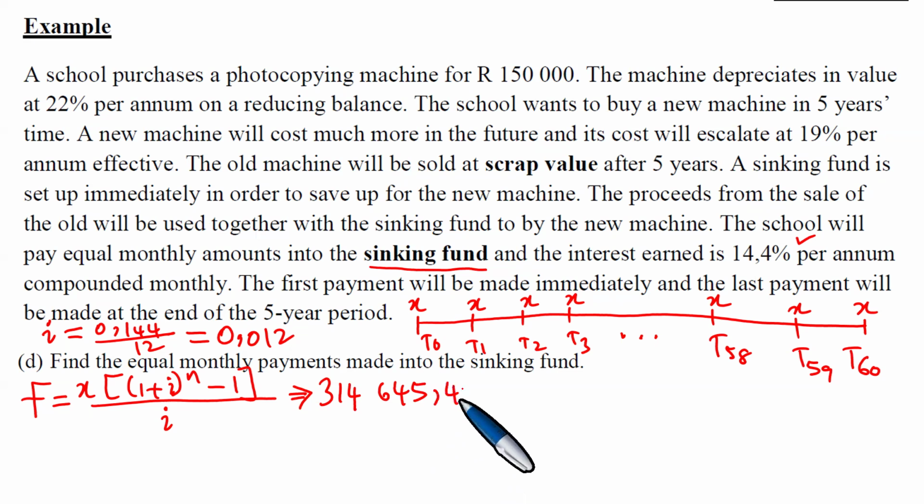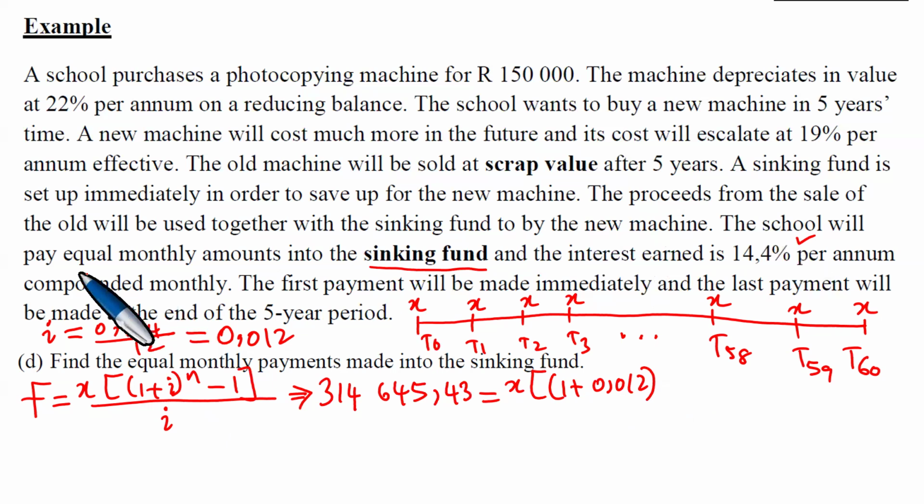314,645 and 43 cents equals X times (1 plus 0.012, the interest rate we already have) raised to the power. Now, a couple of things remain very important.